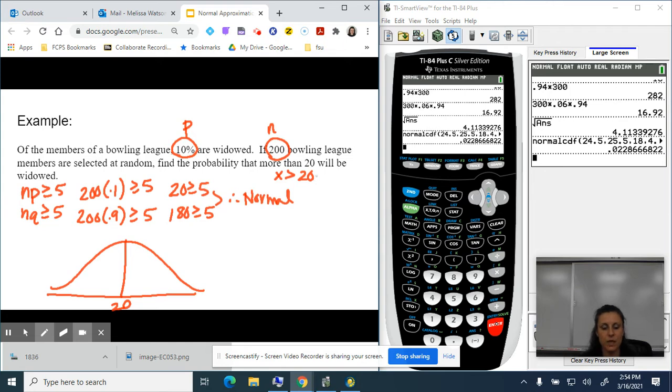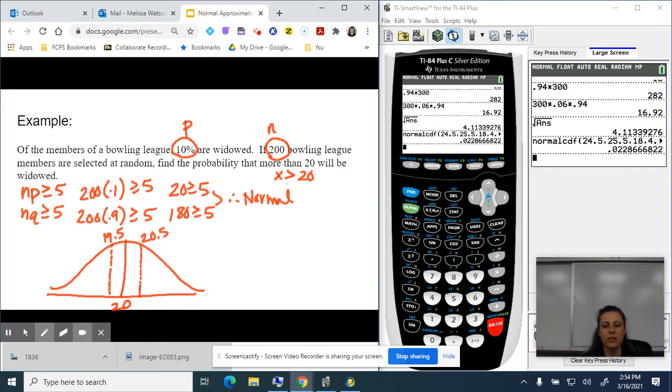However, before I shade that, again, we are on a normal curve, which is continuous, and the binomial is a discrete distribution. So we're going to find the boundaries, the numbers that would round to 20. So 19.5 would, and up to but not including 20.5.